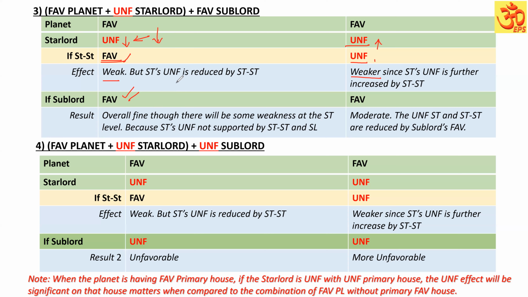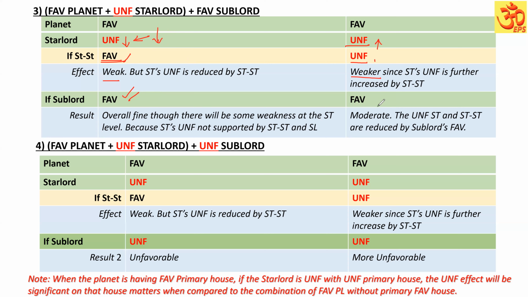Even in mixed signification, based on the grouping of houses, we have to study whether the favorable strength is more or the unfavorable strength is more. In other words, we have to study whether the favorable is further supported by the star lord's favorable or not, and in the same way whether the unfavorable is reducing the strength of the favorable or not.